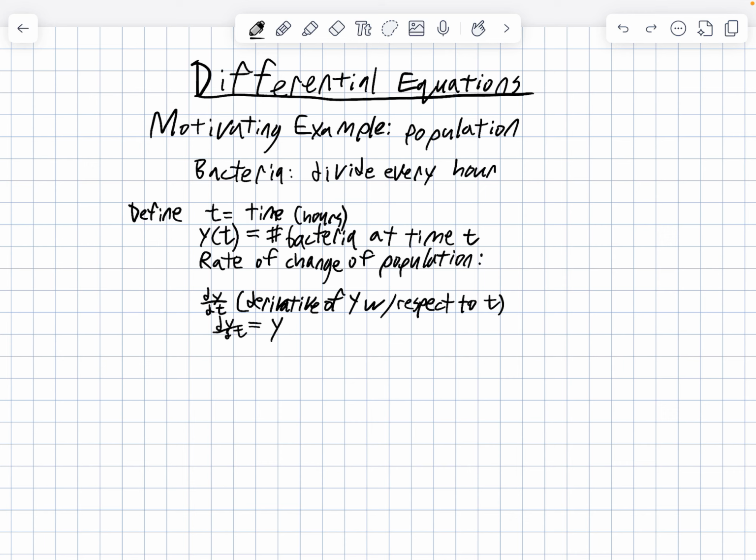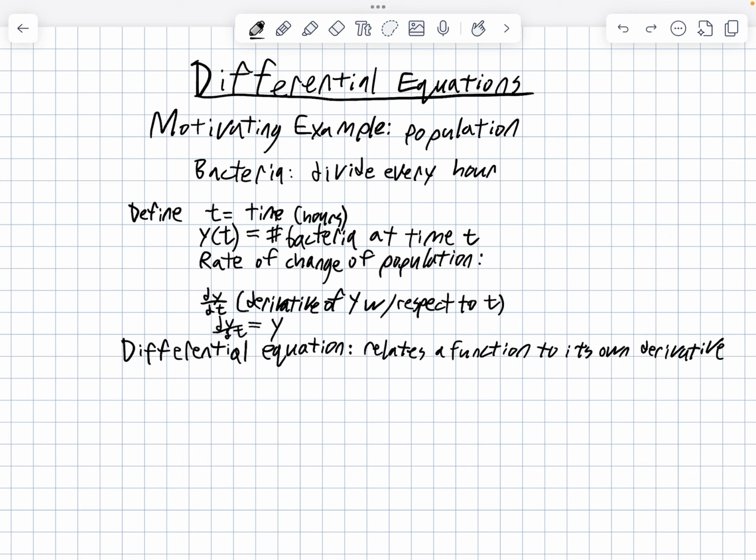That is, and now we can finally define it, it is an equation that relates a function to its own derivative. You see, we're saying that y is equal to the derivative of y with respect to t. Now, not all differential equations will be this simple. For instance, we can look at a few more examples that might look like some of these. dy over dt equals y, dy over dt equals y plus t.